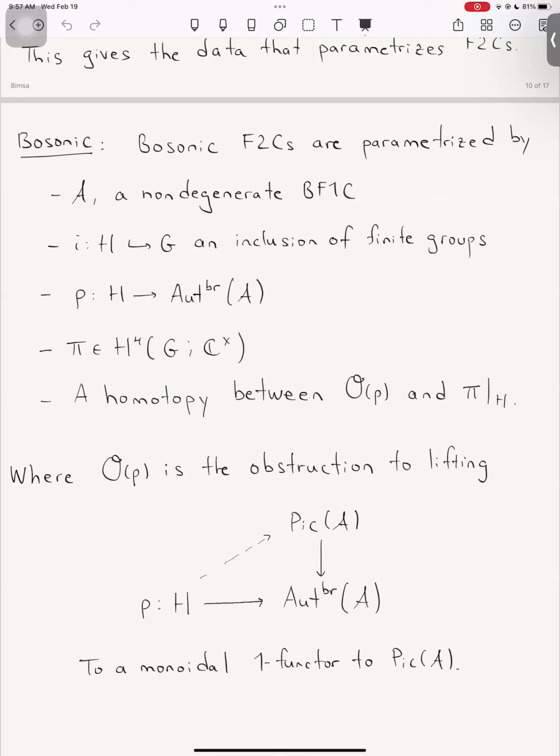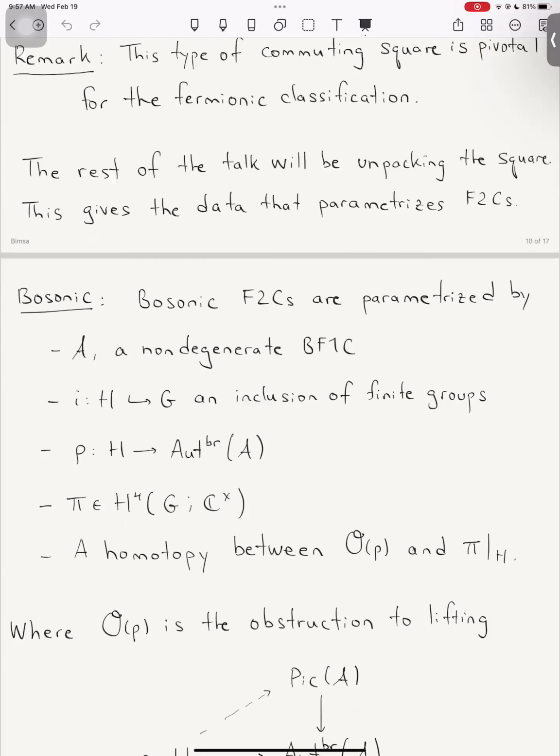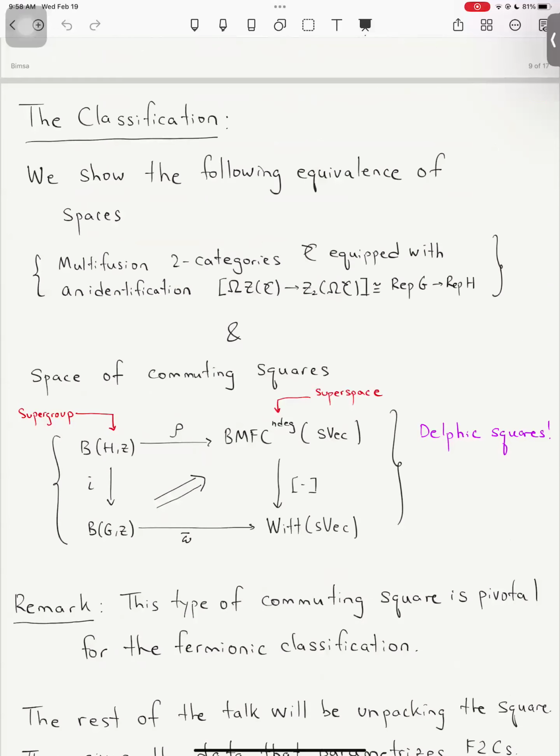I see. Thank you. So can I look at the upper right corner of the squares, either the delta or the width square? So this BMFC, non-degenerate as well. Do you view it as a group?